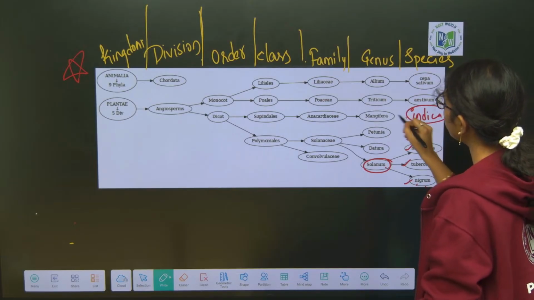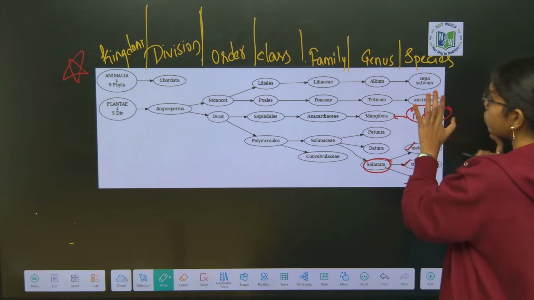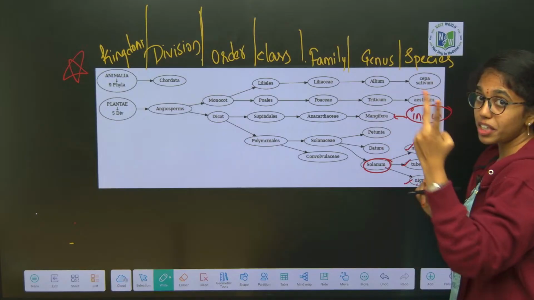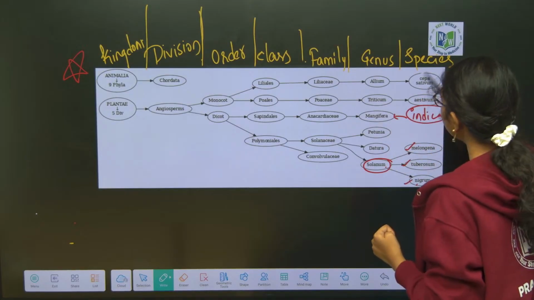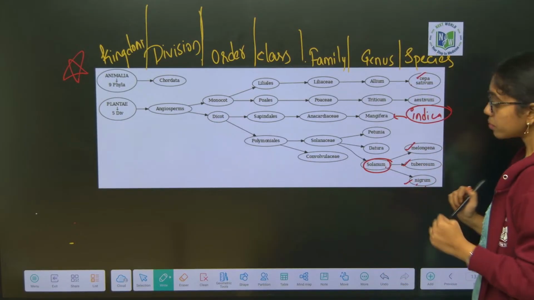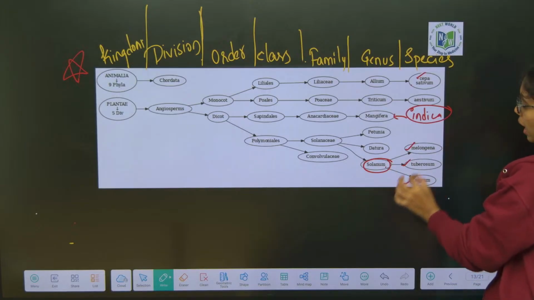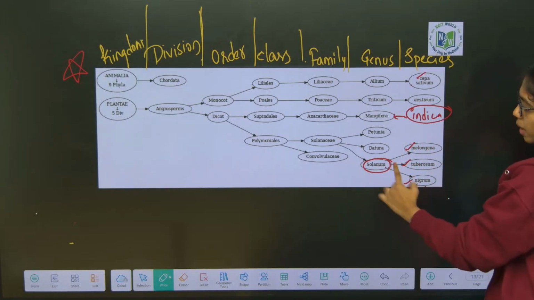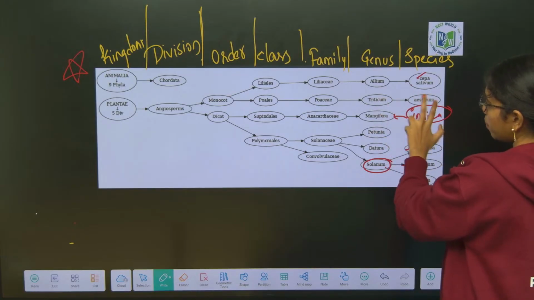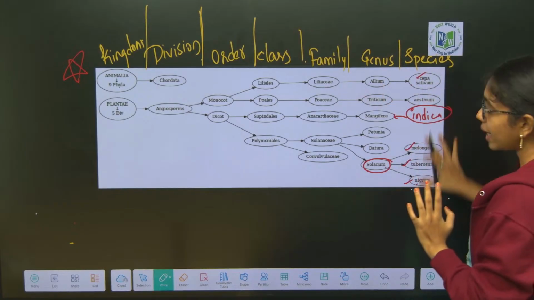This species belongs to Mangifera. Triticum aestivum: aestivum is the species, belonging to the genus Triticum. We also have two species for Allium, Allium cepa and Allium sativum. These two belong to what? Allium. Yes, these are different species belonging to this genus. Melongena, tuberosum and nigrum for Solanum, Indica for Mangifera, Triticum aestivum, Allium cepa and Allium sativum. Till here it is clear, right?